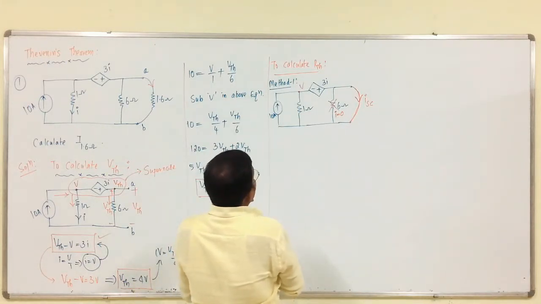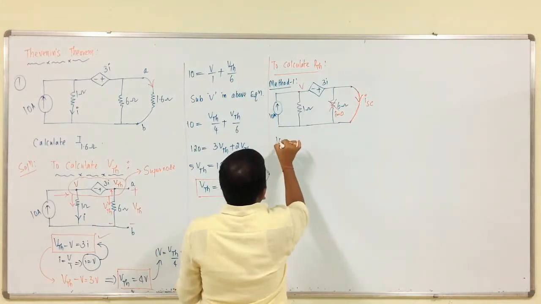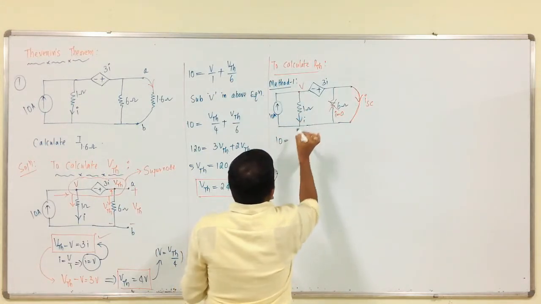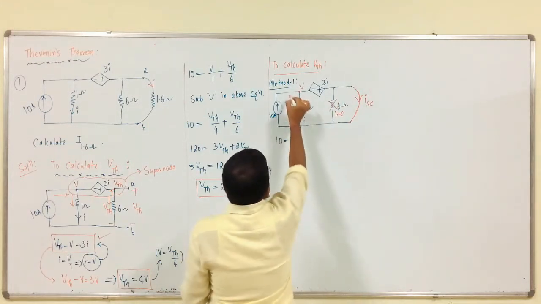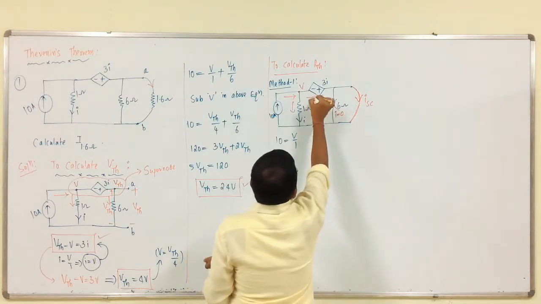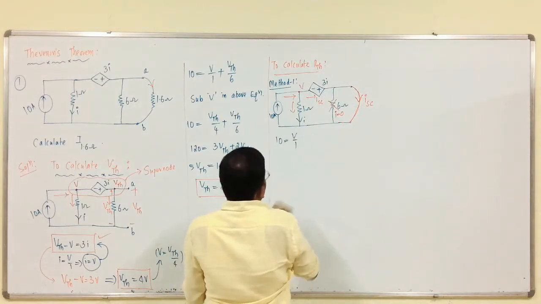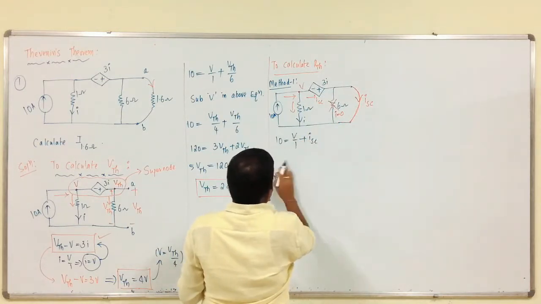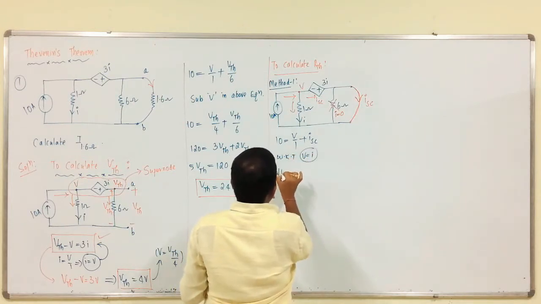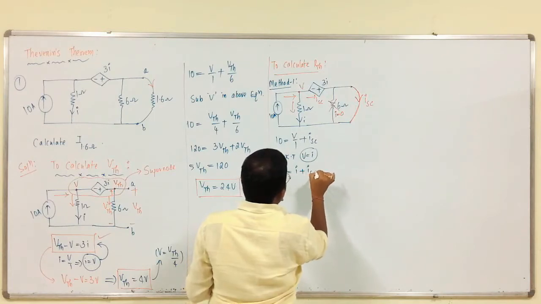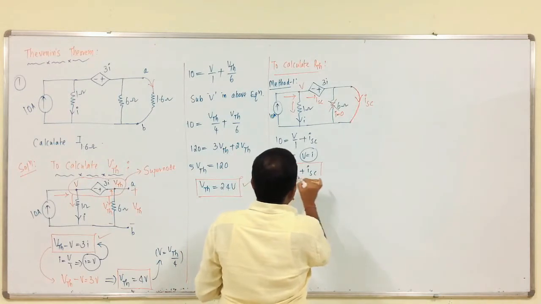Therefore, 10 is entering, and V by 1 plus ISC is leaving. We know that V is equal to I, therefore 10 is equal to I plus ISC.